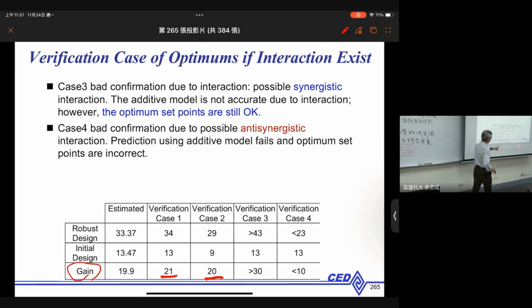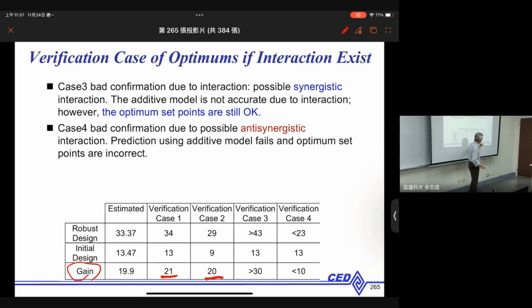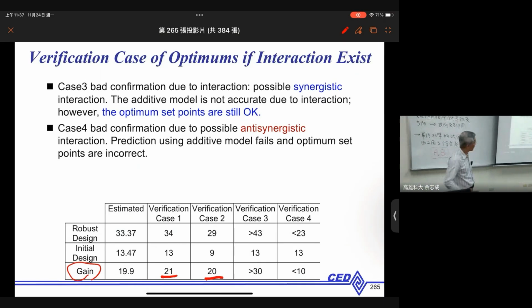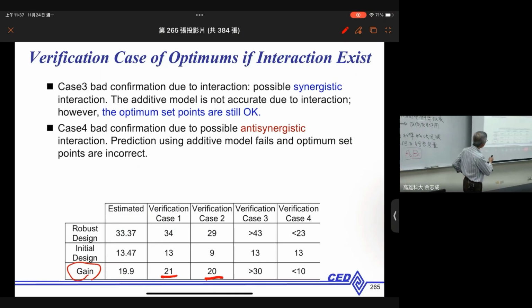But if they are different, that is case 3 and case 4. In case 3, it is different. However, as I mentioned, the optimum setting is still okay, which means that the model is incorrect, but the optimal selection is still okay. Why? There might be interaction, but it will be synergistic interaction.